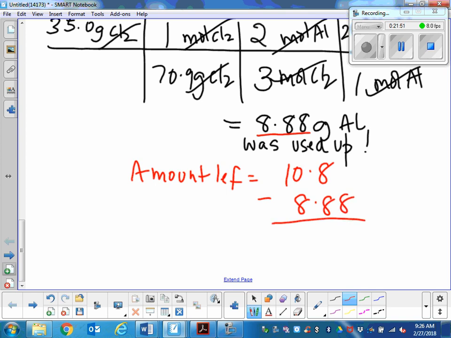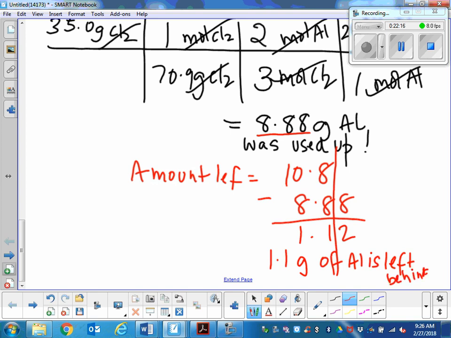What is your answer? 1.12. Now remember the rules for counting significant figures when we add and subtract. So how much is left behind? 1.1 grams of aluminum is left behind.